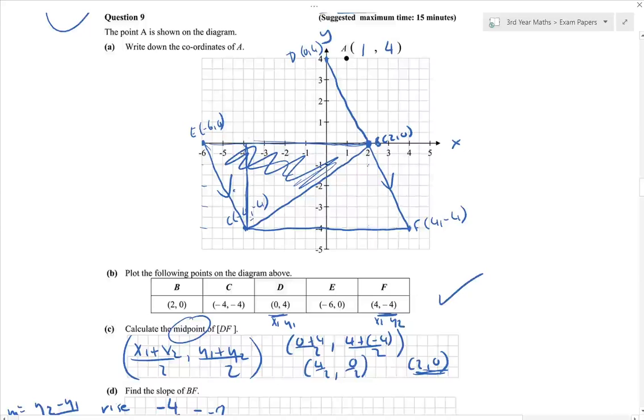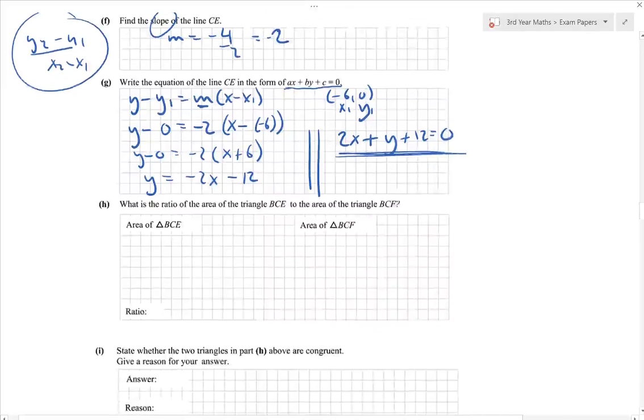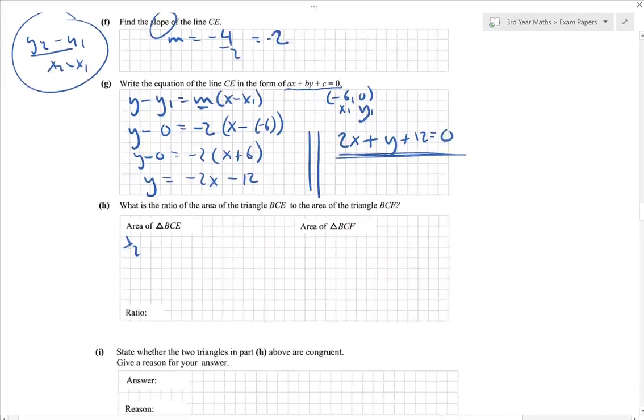So all we have to say is half the base times height. Similarly here, the length of the base is 8 units, and the perpendicular height is 4. So we're just going to write that in here. Half 8 times 4. I should write my formula first.